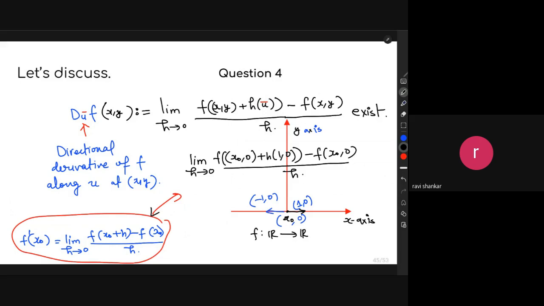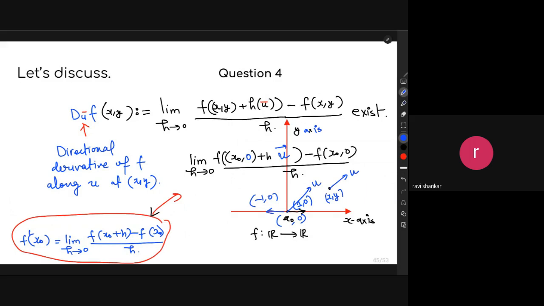If I choose any other unit vector, let's say this is my unit vector u, I replace this 1 comma 0 with the vector u. And if I also move the point, instead of a point lying on the x-axis, I choose a point lying in the xy plane, and this point is x comma y.